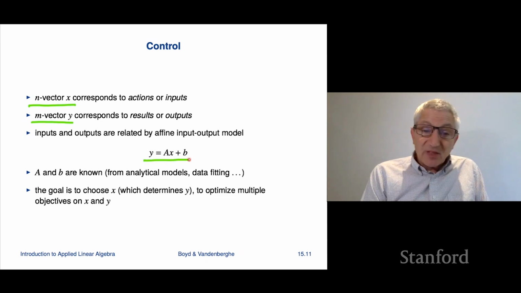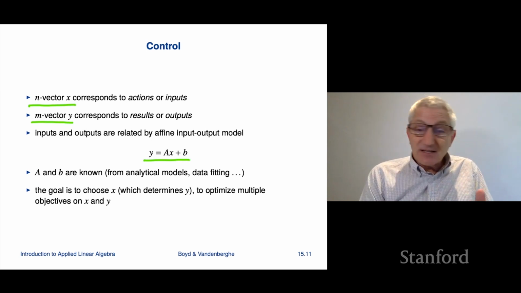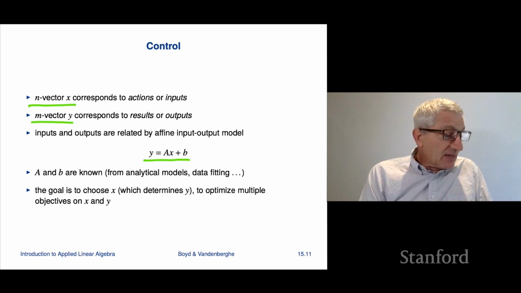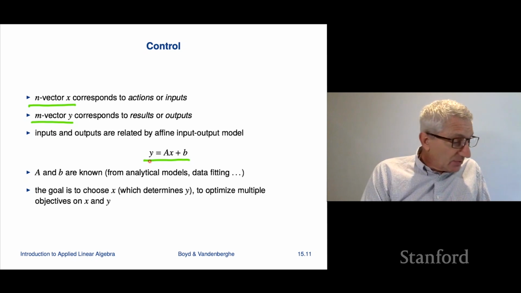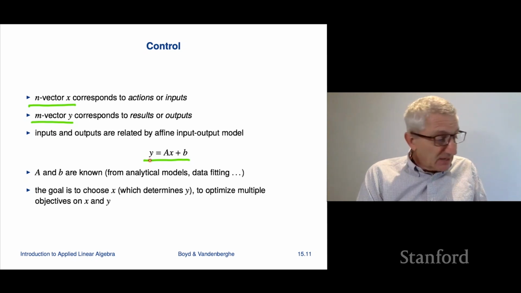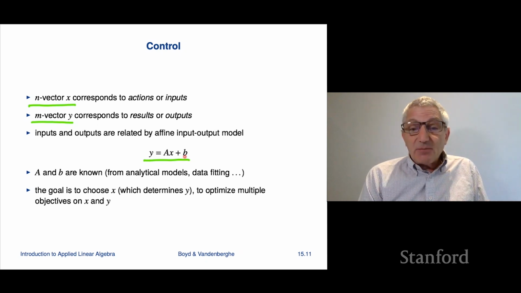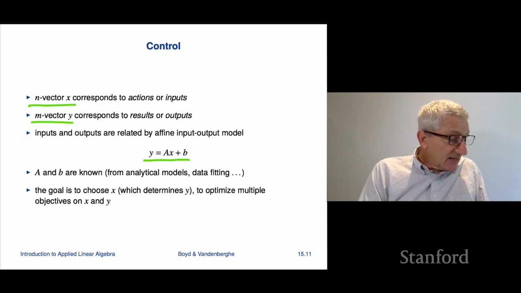We think of x as the actuator, that's an old school name for it. If x is 0, roughly speaking, if we do nothing, then the output would be b, because you'd have A times 0 plus b. Otherwise, this affine model gives you what happens if you choose the input to be x.